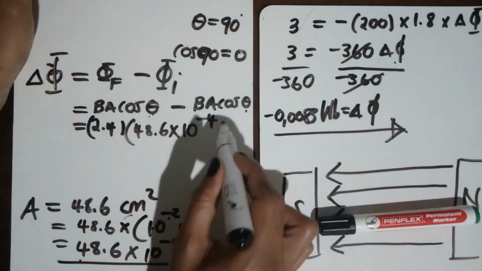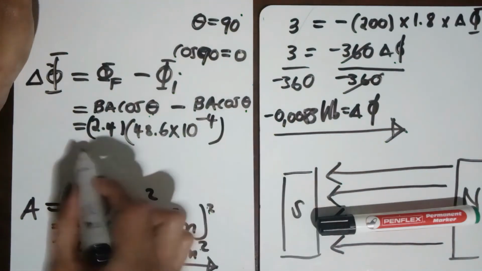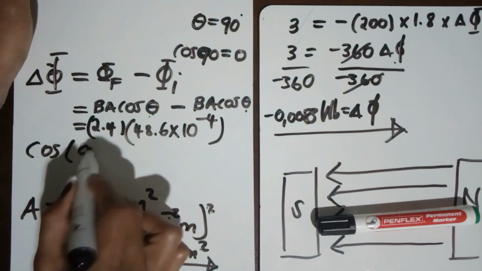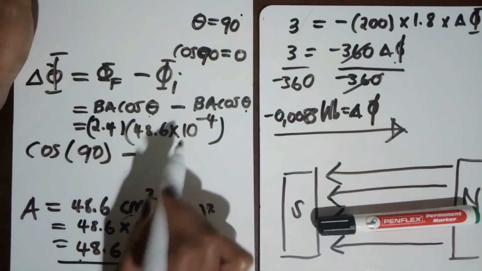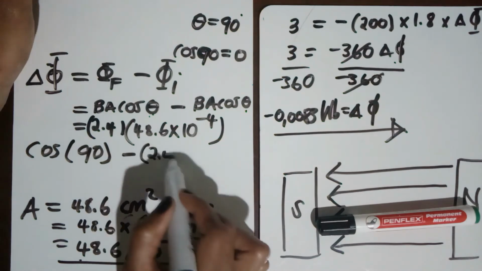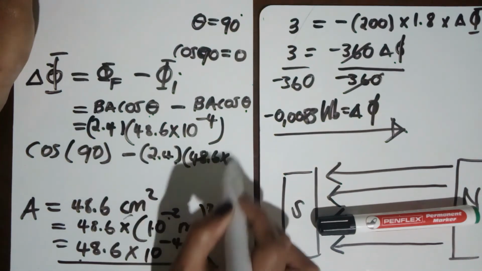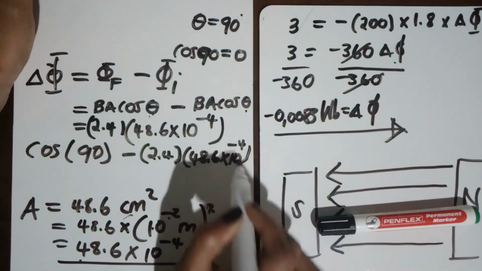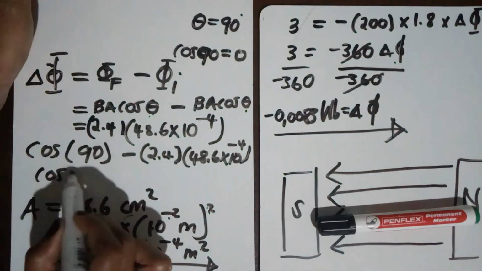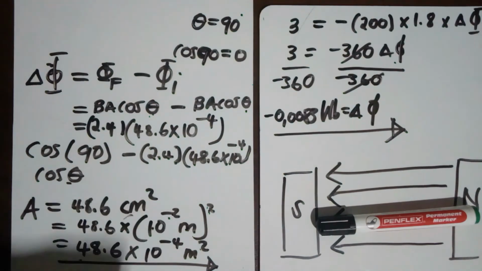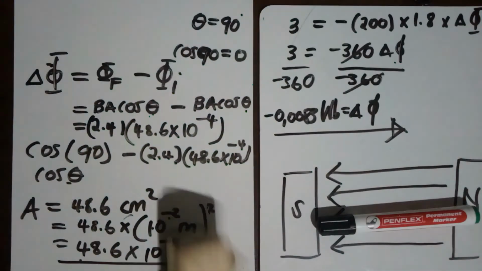And then my cos, I'm just going to continue this on the other line. Cos 90 minus the same thing, still 2.4, 48.6 multiplied by 10 to the power of -4, cos of theta. Remember, we're looking for that theta, right? Cool.